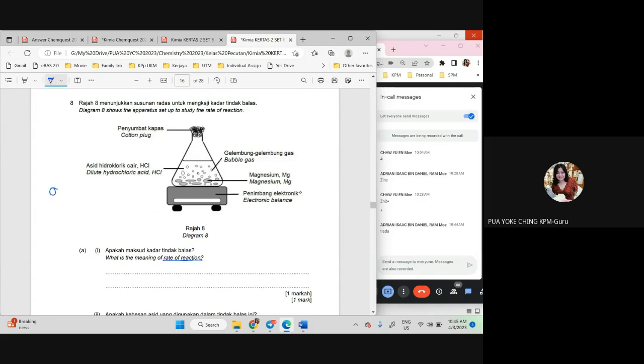It must be a quantity of reactant atau product. And then per unit time. Okay, yang belakang ni per unit time ialah tak kisah apa. Okay, it's always per unit time.